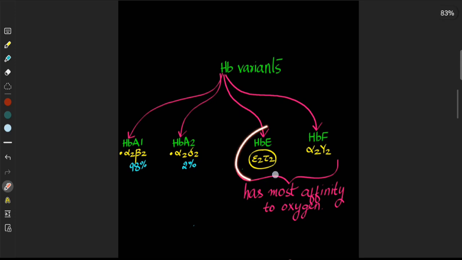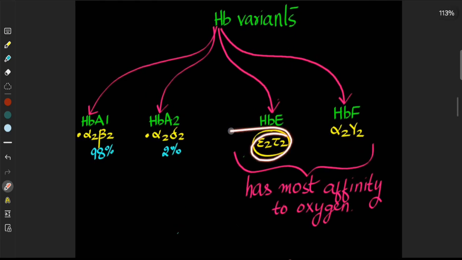The third one is HbE, the hemoglobin of the embryo. Okay, so it contains 2 epsilon and 2 zeta. And then another one is fetal hemoglobin, which will have 2 alpha chains and 2 gamma chains, right? Now the hemoglobin variant which has the highest affinity towards oxygen is this particular one.